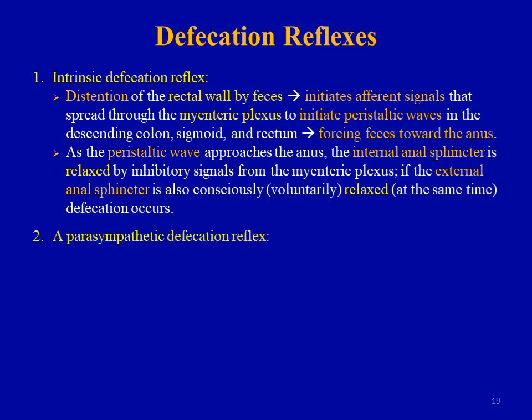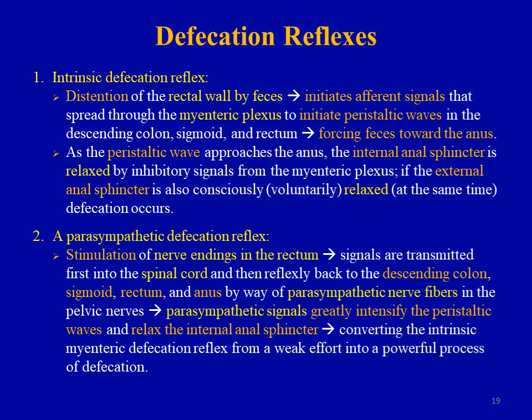In terms of the strong parasympathetic defecation reflex that is essential for defecation, stimulation of nerve endings in the rectum that express the stretch receptors will lead to signals that are transmitted first into the spinal cord and then reflexly back to the descending colon, sigmoid colon, rectum, and anus by way of parasympathetic nerve fibers in the pelvic nerves.